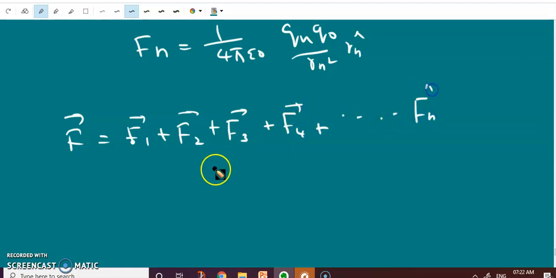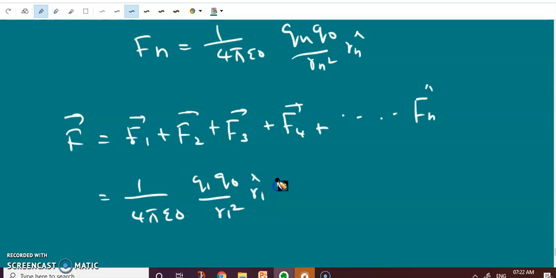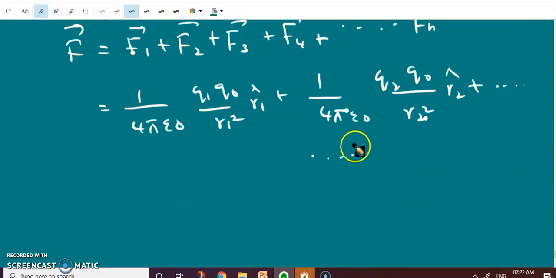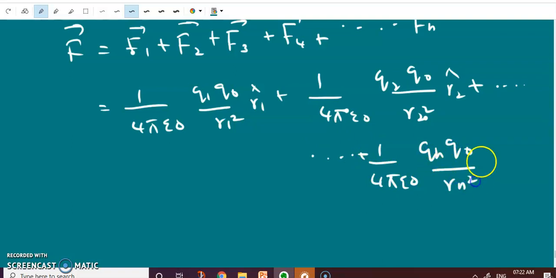And therefore we can write 1 over 4 pi epsilon 0 Q1 Q0 by R1 square R1 cap plus 1 over 4 pi epsilon 0 Q2 Q0 divided by R2 square vector R2 cap plus etc. up to Fn, which is equal to 1 over 4 pi epsilon 0 Qn Q0 divided by Rn square vector Rn cap.